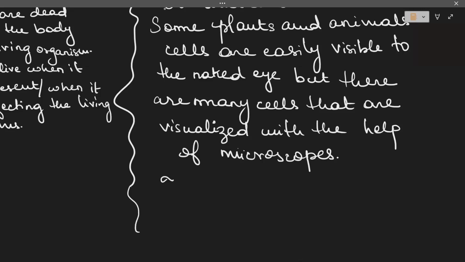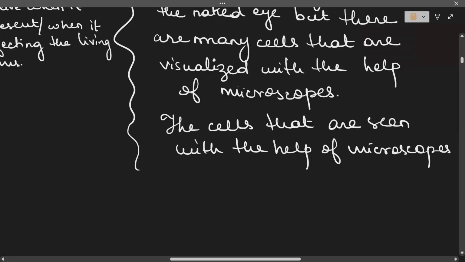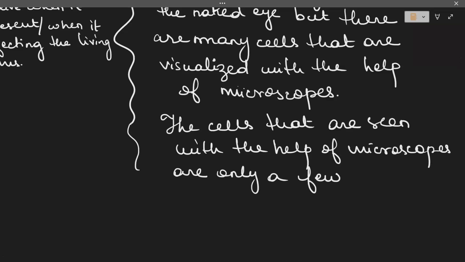So the cells seen with the help of microscopes are only a few micrometers in diameter.